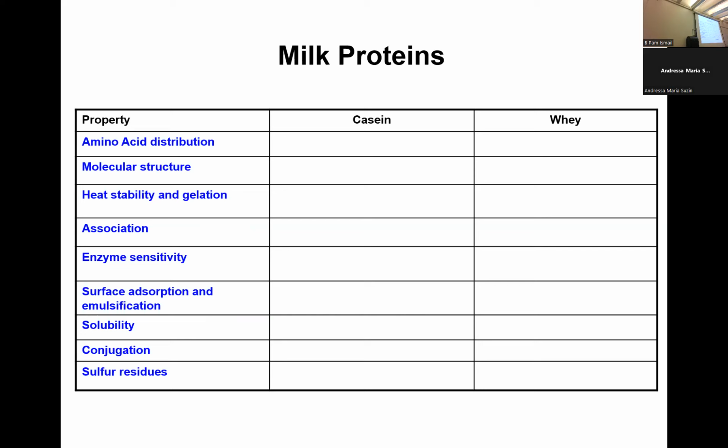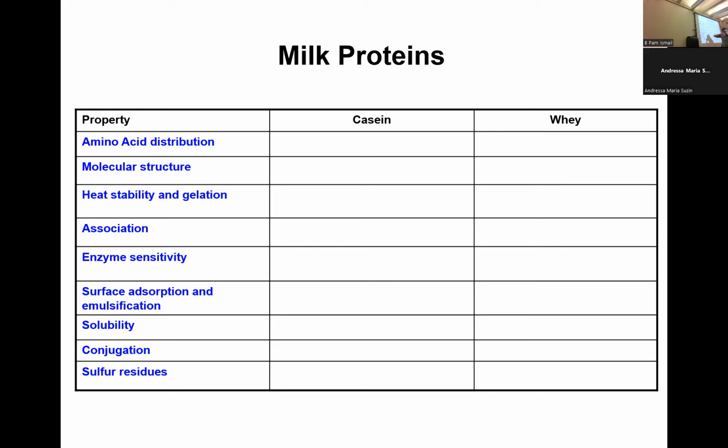You know this. Whey being more hydrophilic, on the surface, yeah, but what did we say about casein being a natural emulsifier? Why is it natural? Very amphiphilic, right?